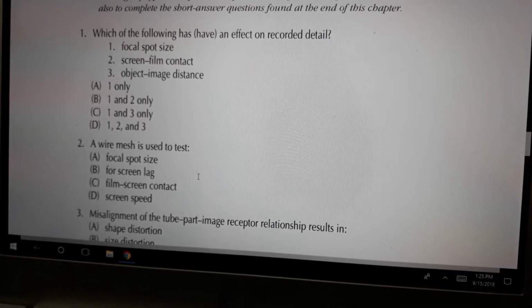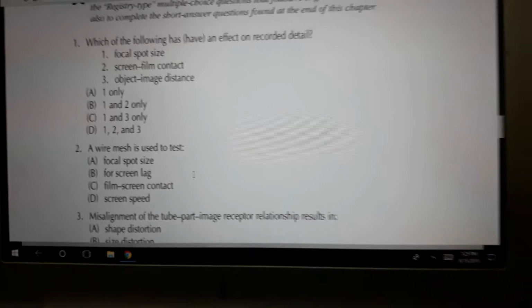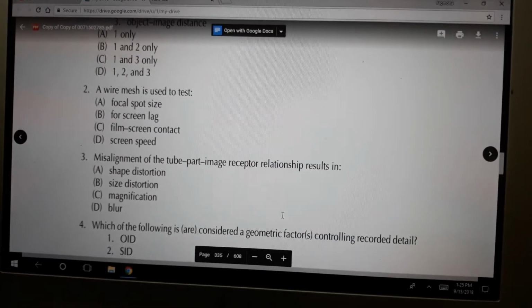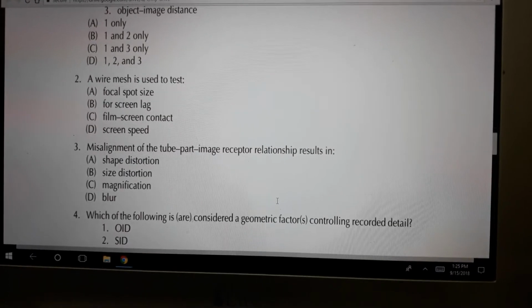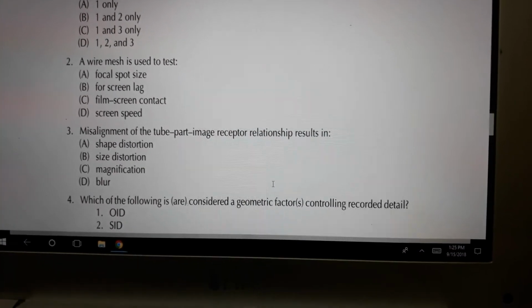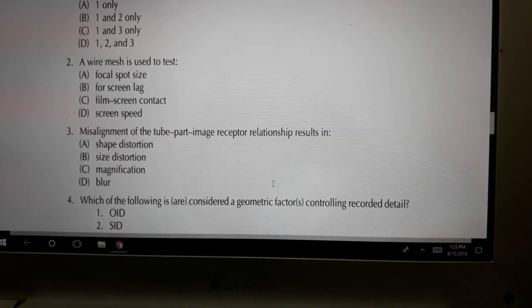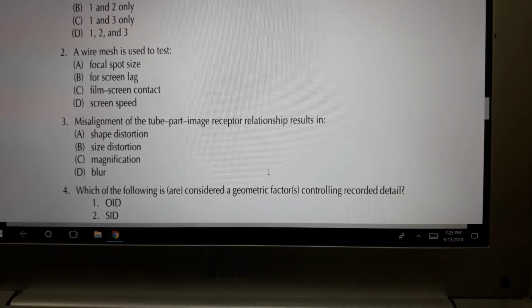Wire mesh is used to test film-screen contact. Misalignment of the X-ray tube, part, and image receptor results in shape distortion.